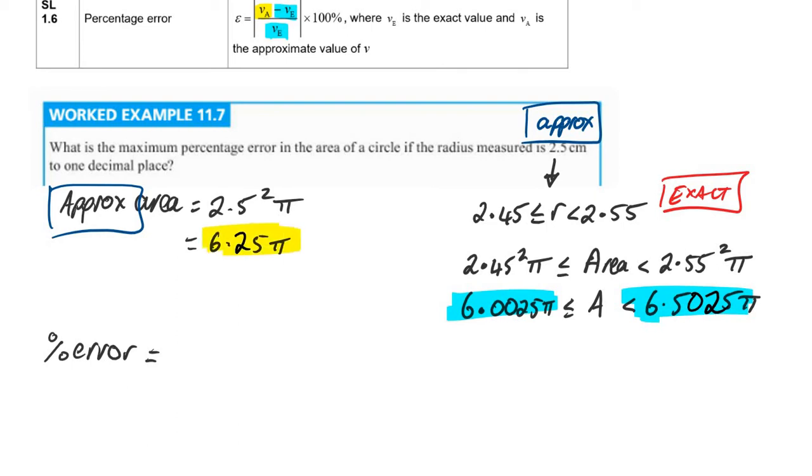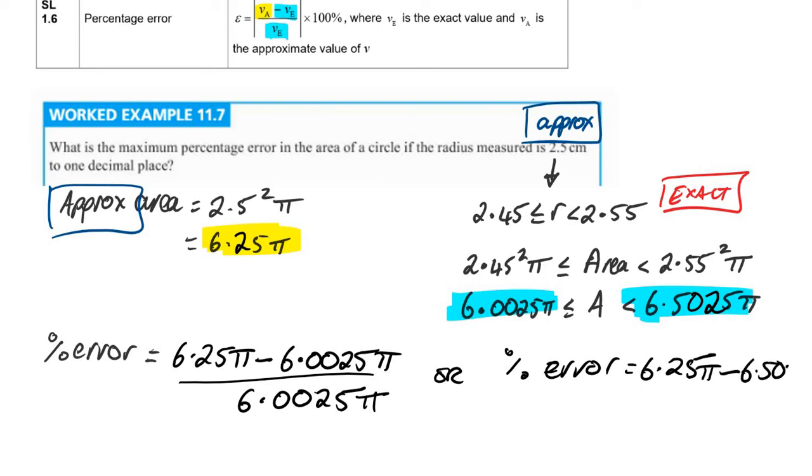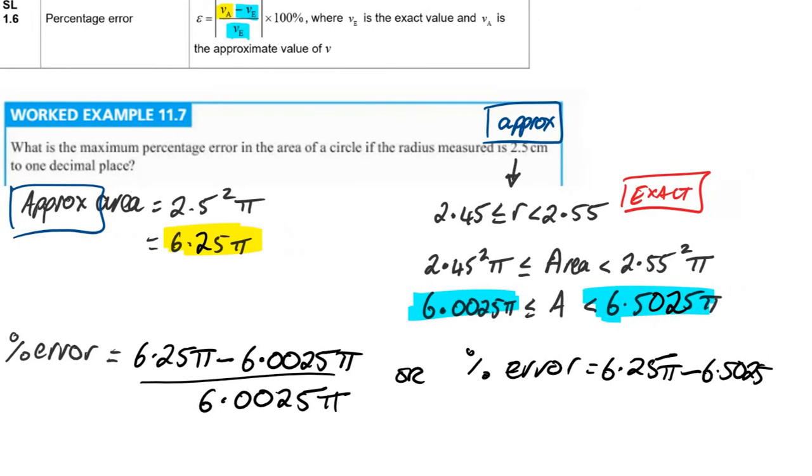So we're doing approximate minus exact over exact, or approximate minus exact over exact.